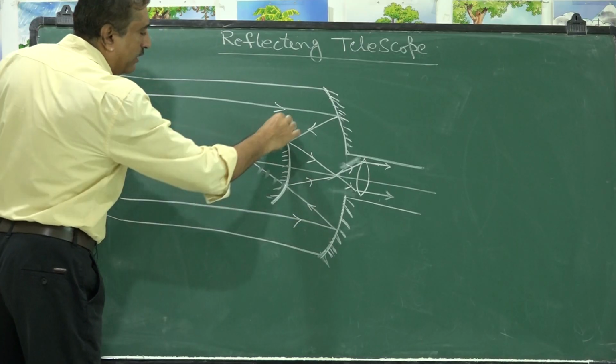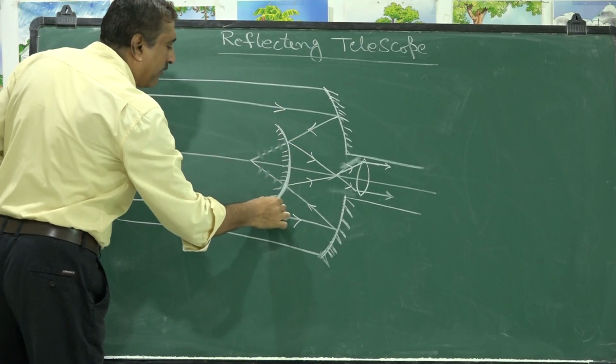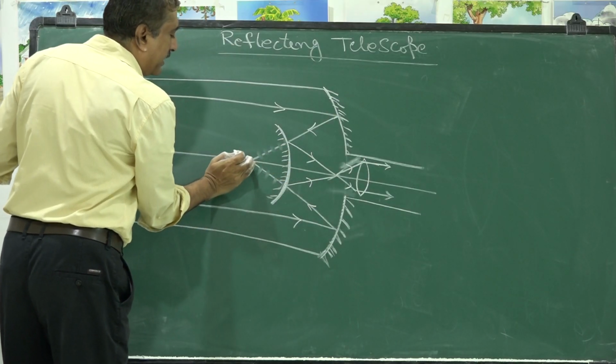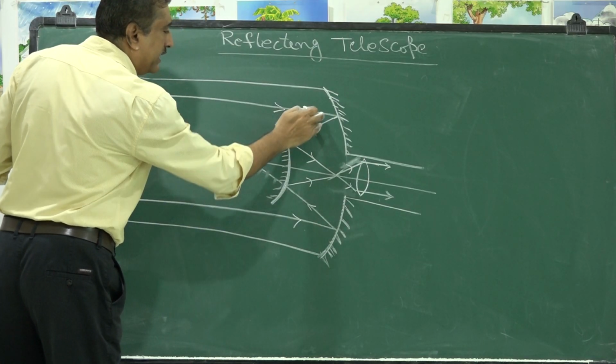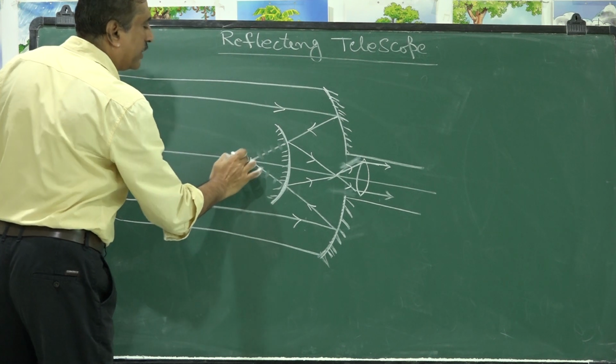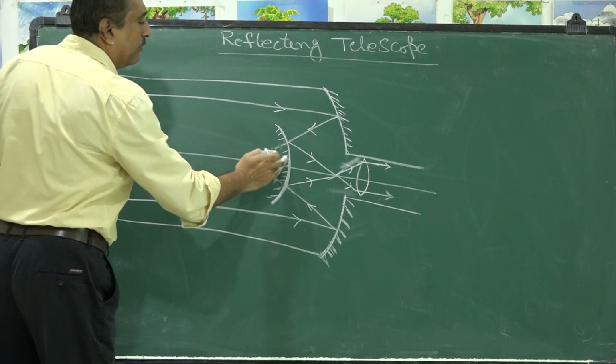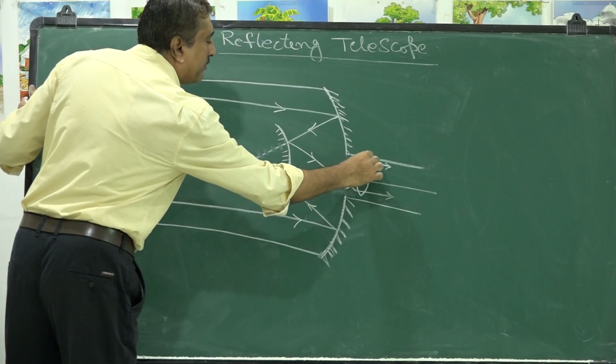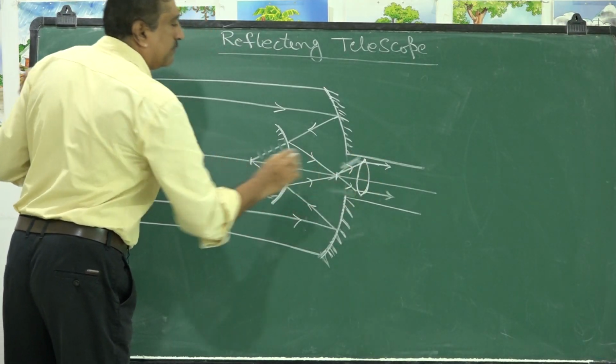In between this focus, we place another mirror, a convex mirror, so that the image formed by the primary acts as a virtual object for this convex mirror, which gives an image at this point, and this image is the object for this eyepiece.